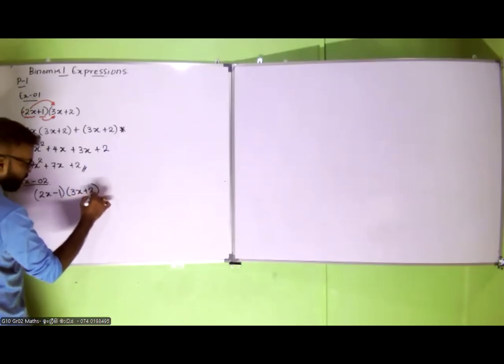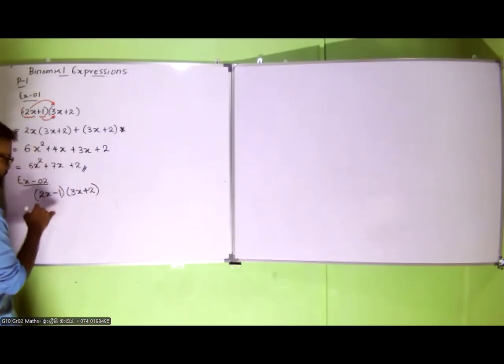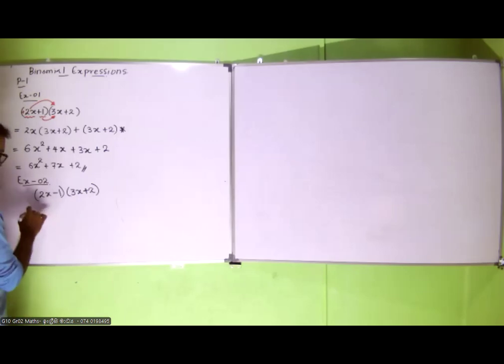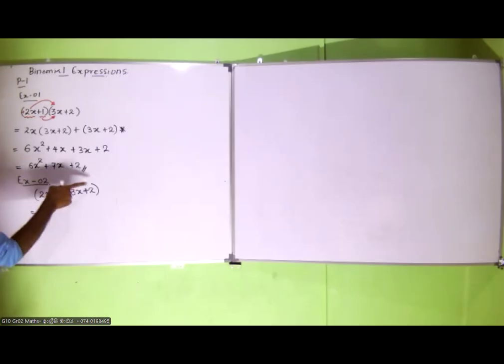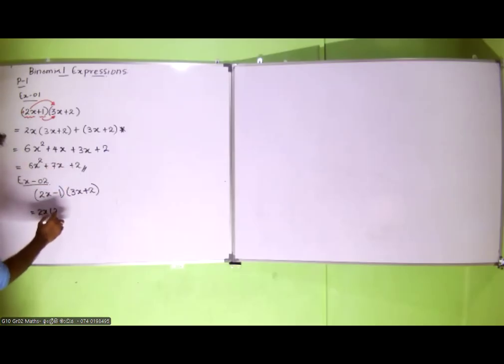Now you need to pay your attention to this minus sign a little bit. Here you have positive 2x. You are going to deal with this positive 2x with this apple, that means 3x plus 2, in brackets. Here you have -1.